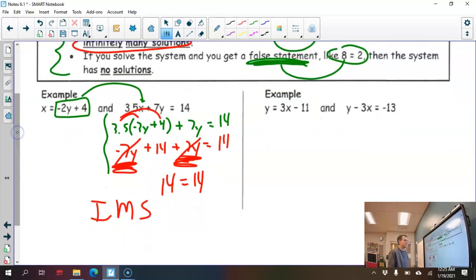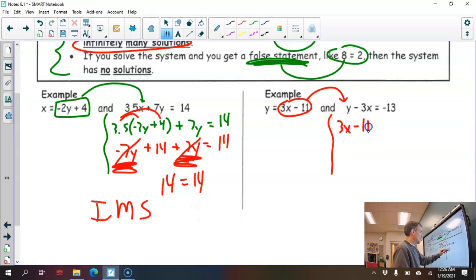All right, last example. Again, I have what y equals in the first equation, so I'm going to substitute that into the second equation. And I'm going to rewrite the second equation. So this would be 3x minus 11. That's the y. Then I have minus 3x equals negative 13.